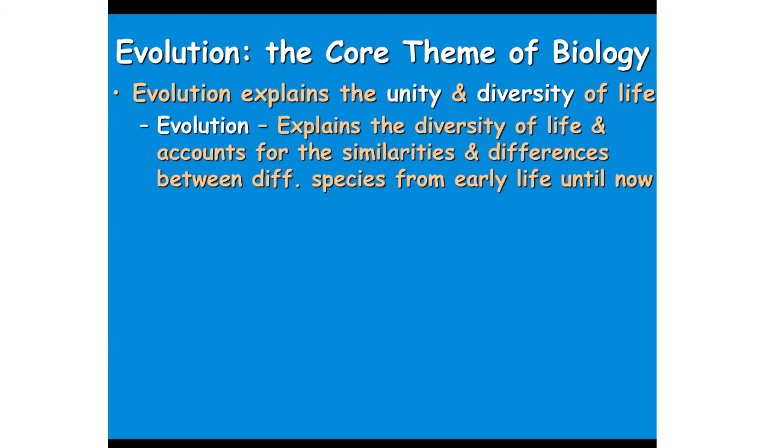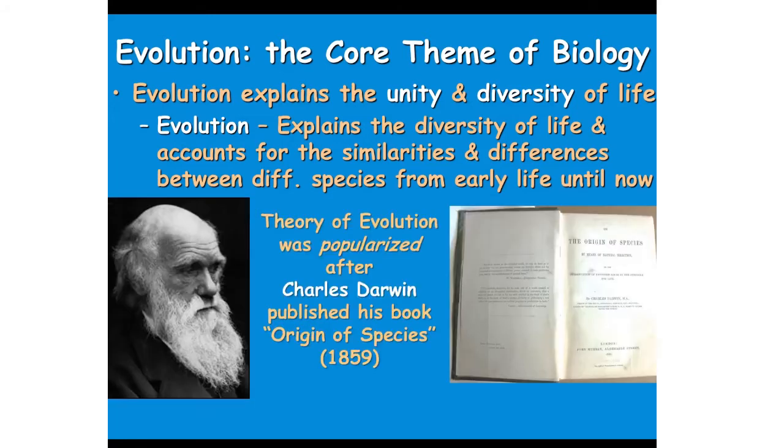So here's our definition: it explains the diversity of life and accounts for similarities and differences between species from all the way back to the first cells to now. That's a big thing to say. If I can show you that by the end of the semester, I think you'd be pretty happy, right? So we'll get into that.